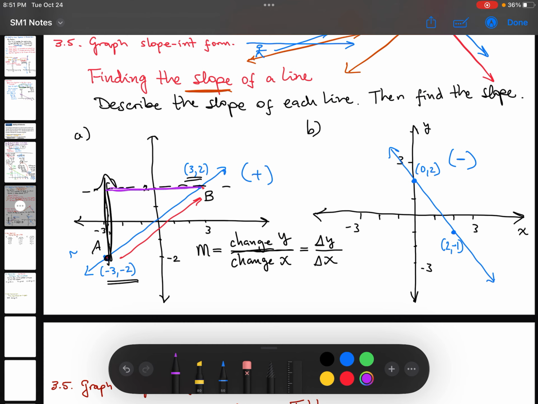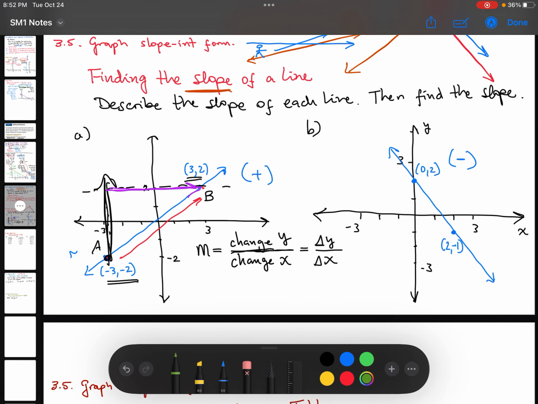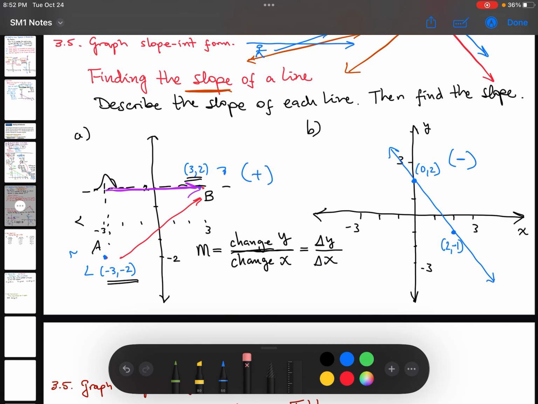Something like this, okay? First, let's use different colors because this is relevant and this is important. Actually, I'm going to use green for this.